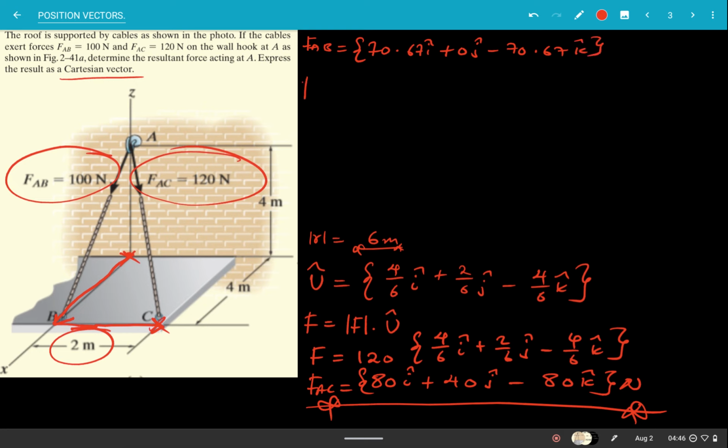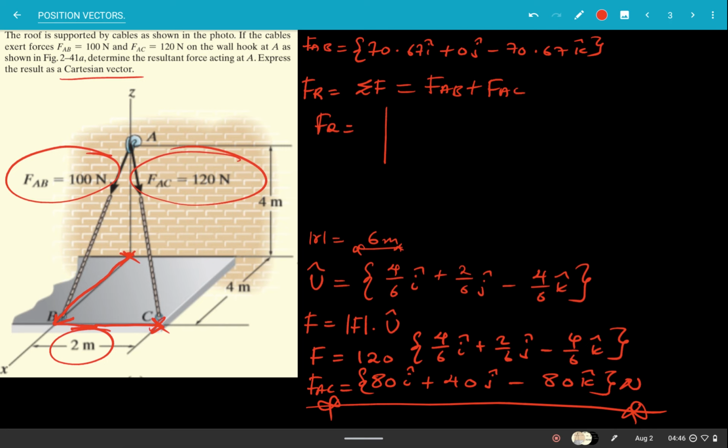So in order for us to find the force resultant, it should be the sum of the forces that we have. So our goal is to sum up the forces we have. So we say force resultant is equivalent to, because if the force resultant is equal to the sum of all forces, then this would be the sum of force AB plus force AC.